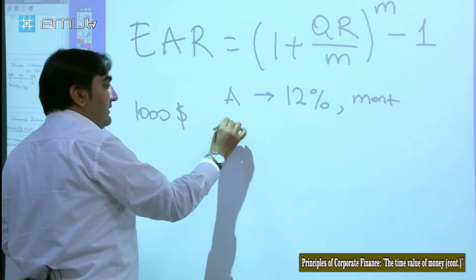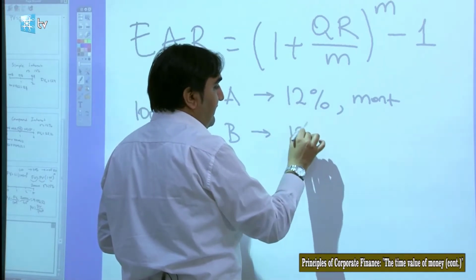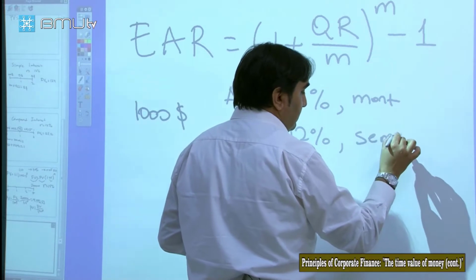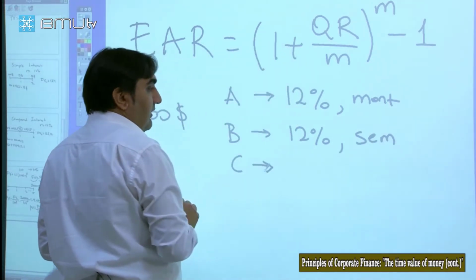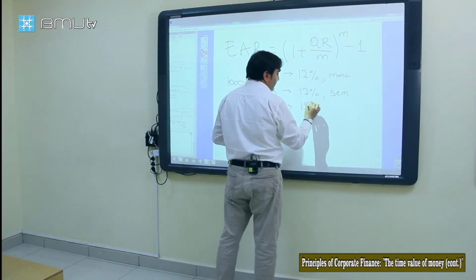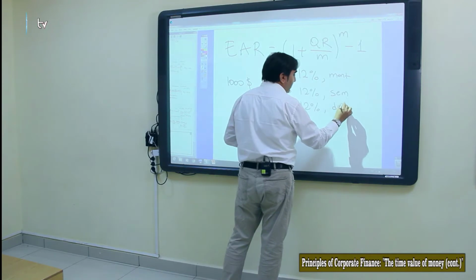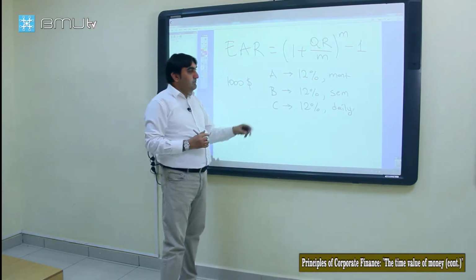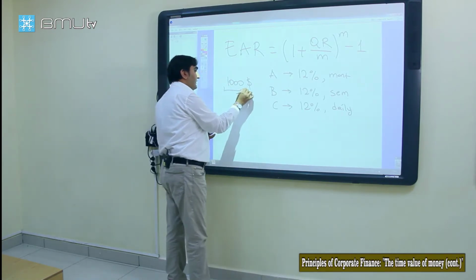Bank B offers again 12% compounded semi-annually, and Bank C offers 12% compounded daily. So which one is the best option for investing our $1,000?